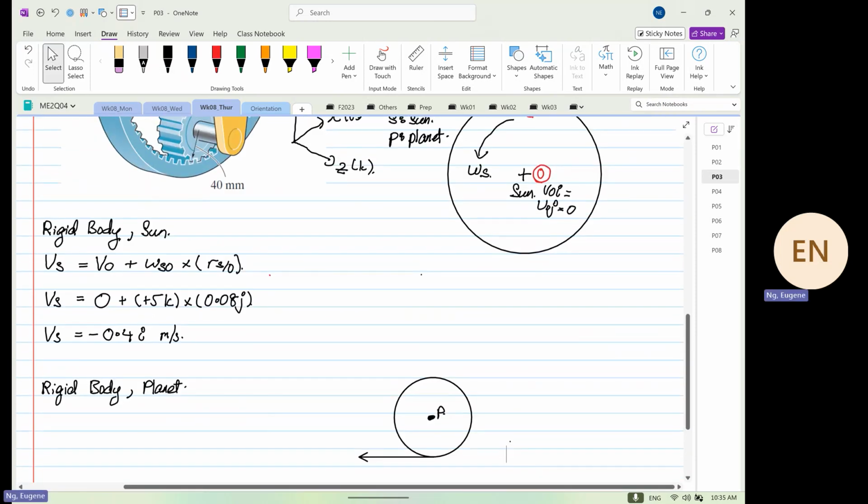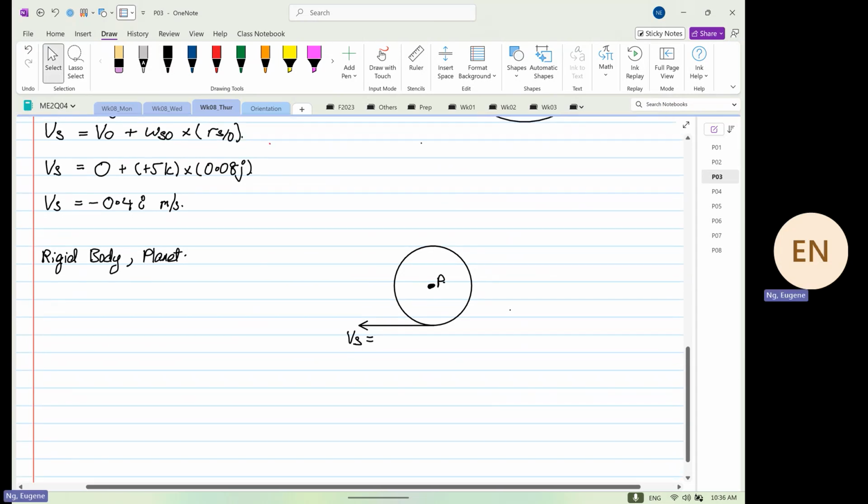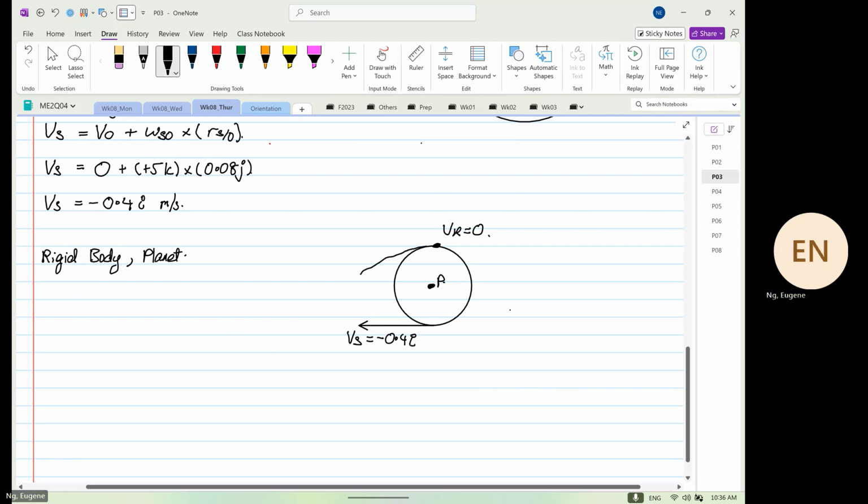This velocity, we know that Vs is equal to minus 0.4 I. And at this point over here, VR is equal to 0, because the top point is connected to a ring gear.